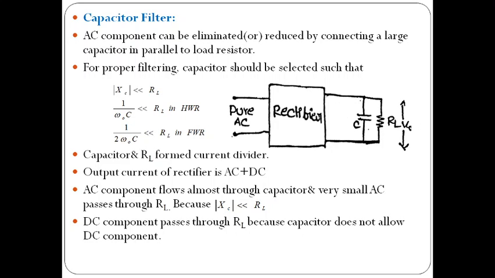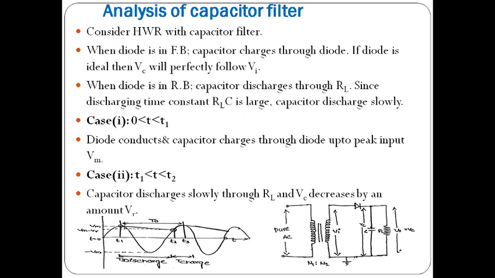We take the output across the load resistor. Considering the DC output, the DC current flowing through RL gives V naught equals IDC times RL. So here we are separating the AC component from the pulsating DC.